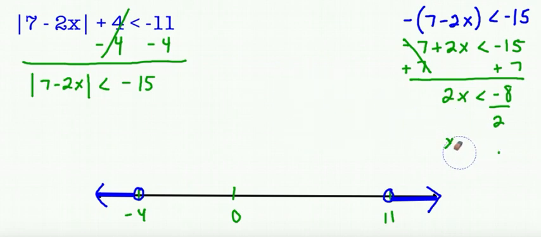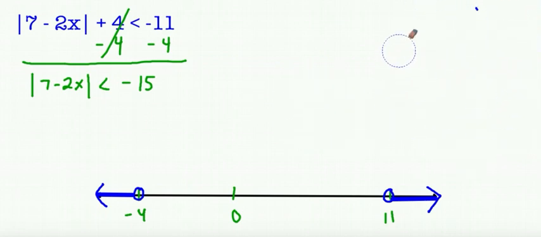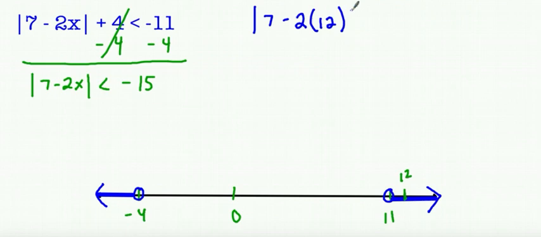But let's actually try one of these solutions. So anything that's shaded should be a solution. So if I picked 12, because it's shaded, it should make this inequality true. So let's see what happens when I substitute in our inequality. So 7 minus 2 times 12, absolute value, is less than negative 15.